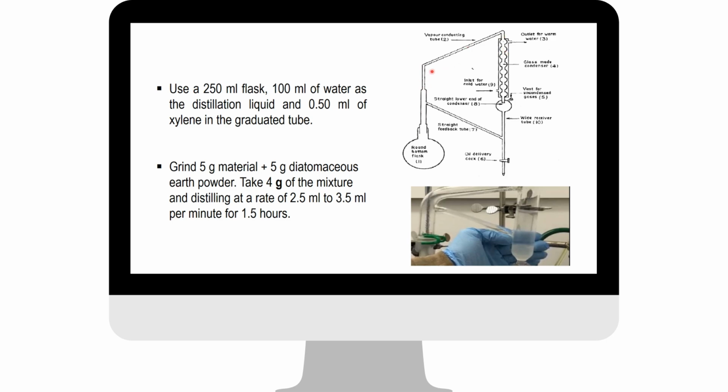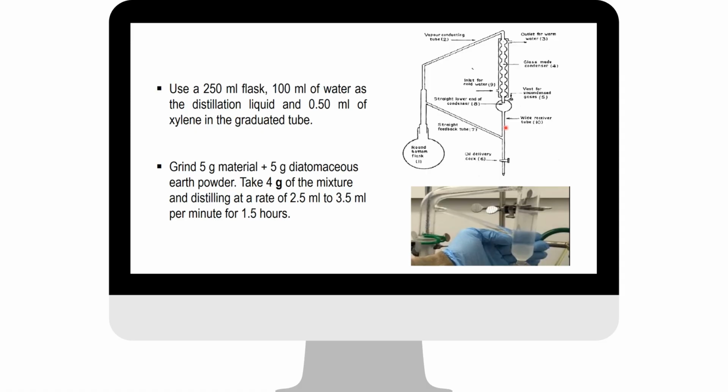So what will the condenser do? Since it has a cool water inlet and hot water outlet, it will condense the vapor into two different liquid phases: one is the oily phase, that is the eugenol, in which eugenol is present, and the second is the aqueous phase.